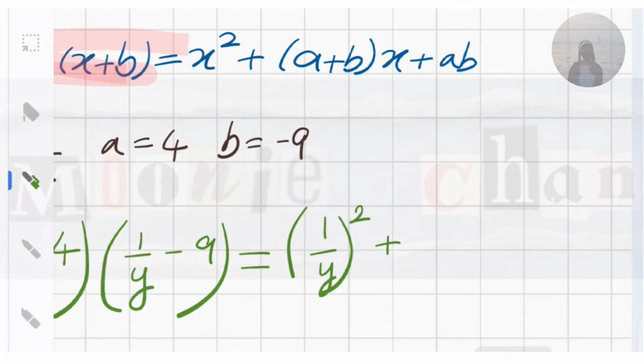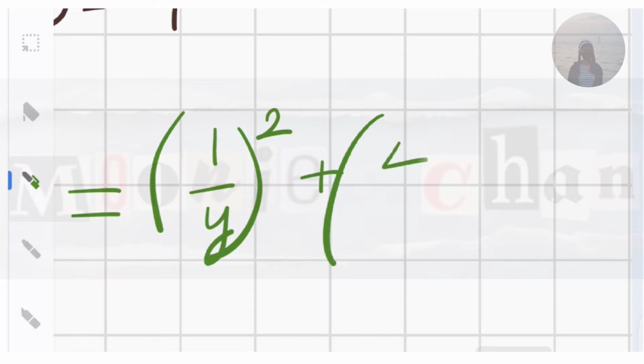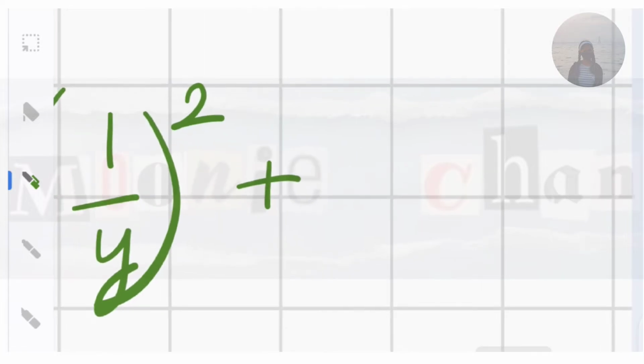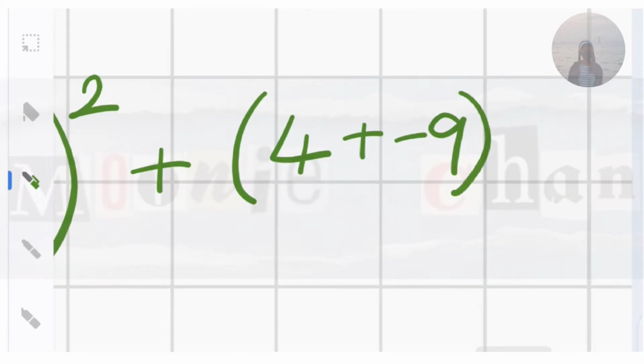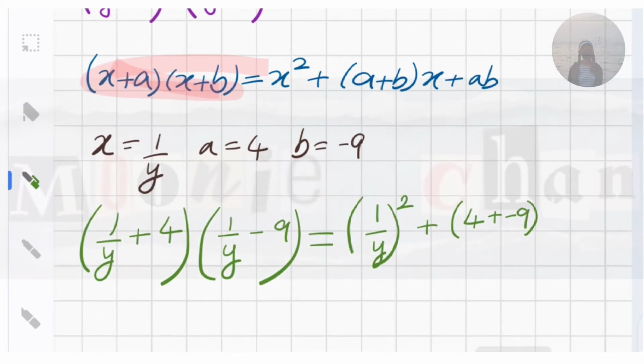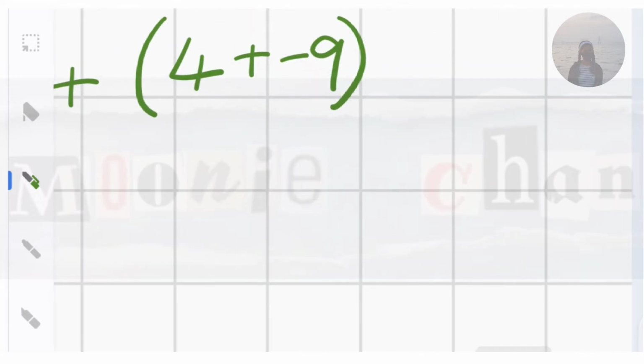So we'll write 4 plus negative 9 the whole x. Yeah, but x is equal to 1 upon y. So we'll write 1 upon y.